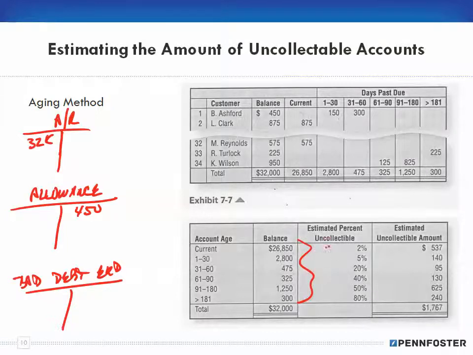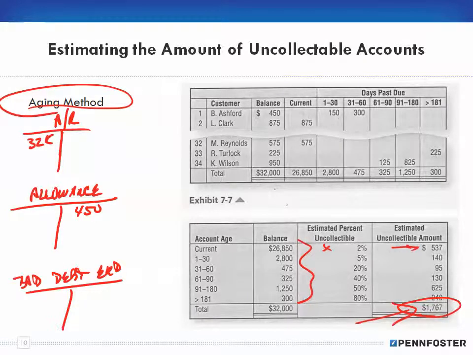And I multiply it by that percentage, and that gives me the amount that I'm going to write off. And when I've looked at my entire aging report and did all of that math, I add up all of those estimates, and it comes out to $1,767. Okay, that's what I estimate based upon the aging method.